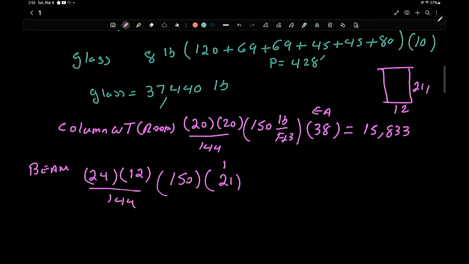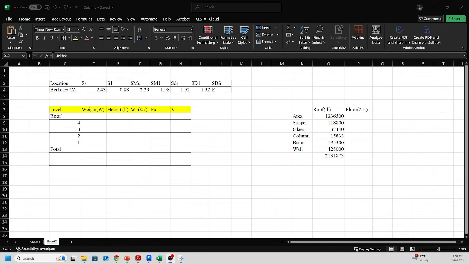I'm just going to average it, I'm not going to do exact. You can do yours, and it's about 31 of them at 10-foot spacing. So that's going to come out at 195,300. Okay, and we go back to the Excel, and that's where 195 comes in.